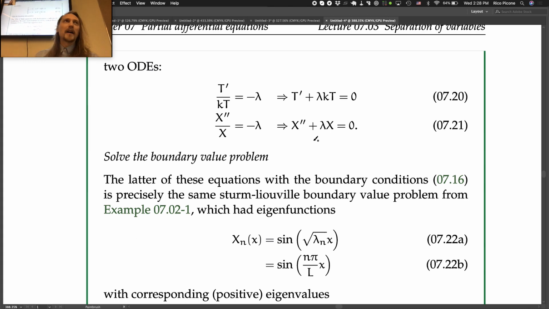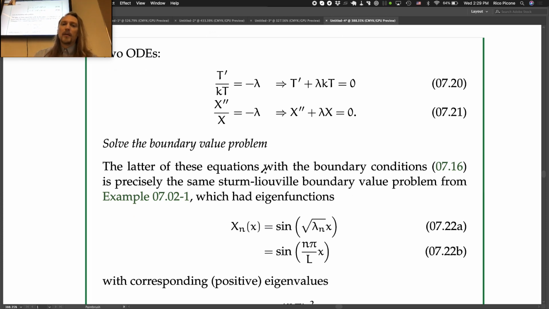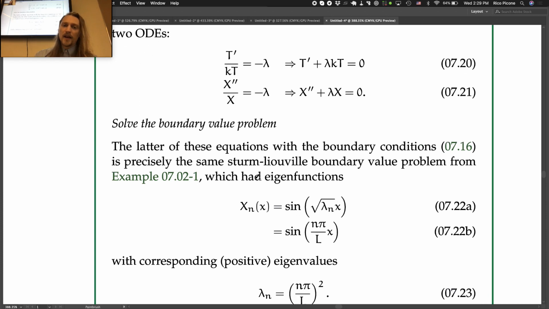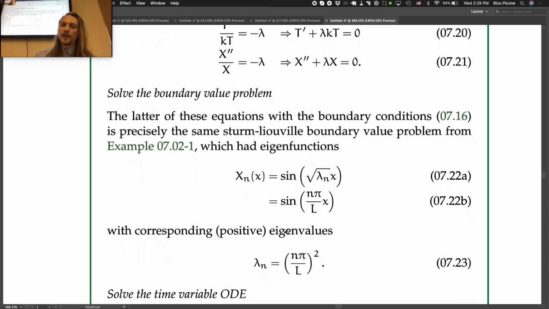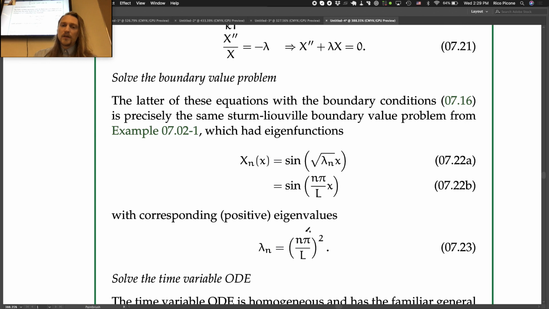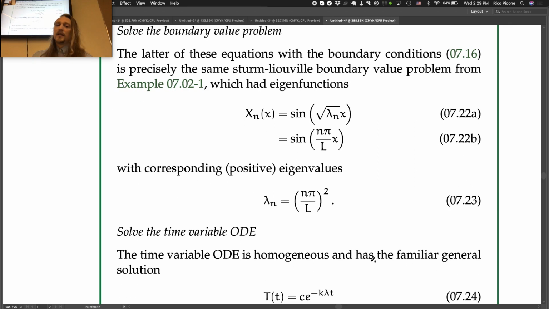So I constructed it this way so that we wouldn't have to redo the boundary value problem here. But in general, you have to redo it. We found in the last lecture that this gave us eigenfunctions given in 7.22 and eigenvalues given in 7.23. Okay? So solve the boundary value problem, we get our eigenfunctions and our eigenvalues.